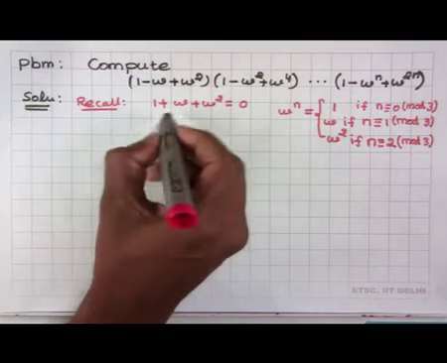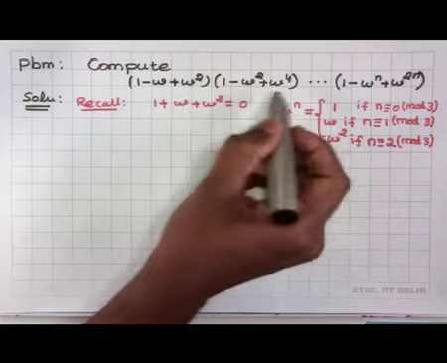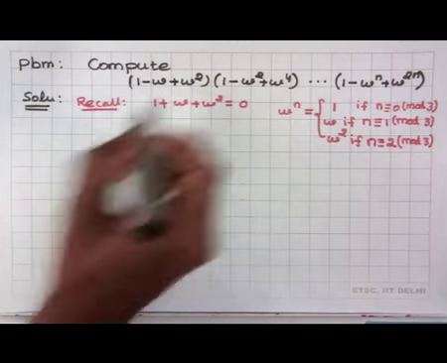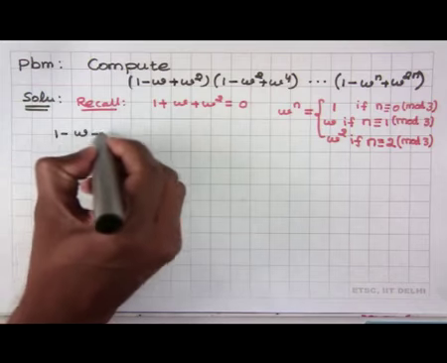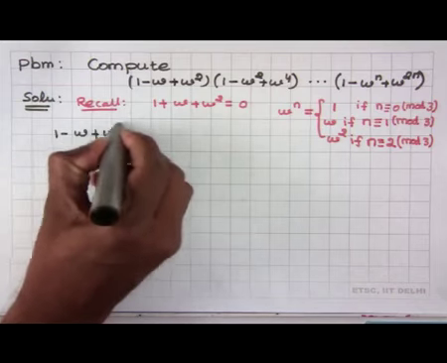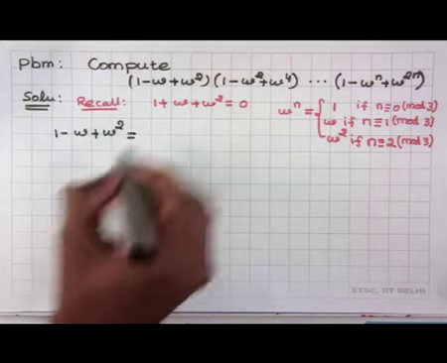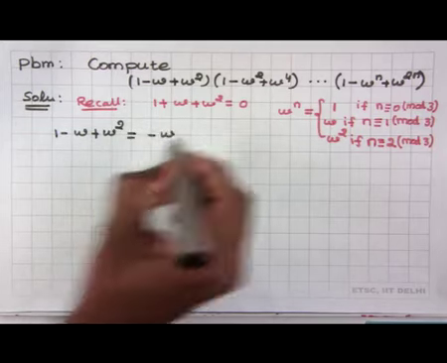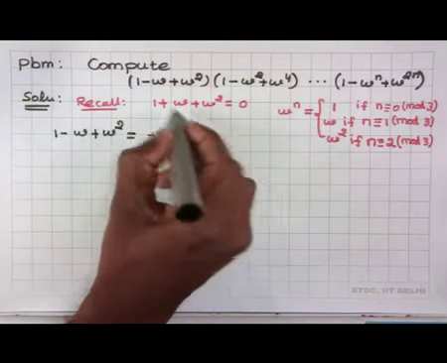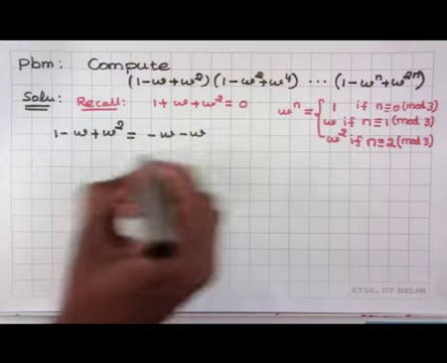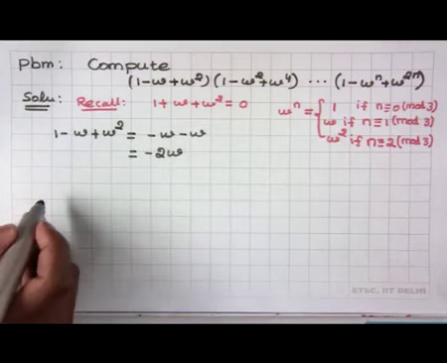So, now try to see some pattern here. If I consider the expression 1 minus omega square, this is equal to minus omega, the remaining 1 plus omega square is replaced with again minus omega. So, we get minus 2 omega.